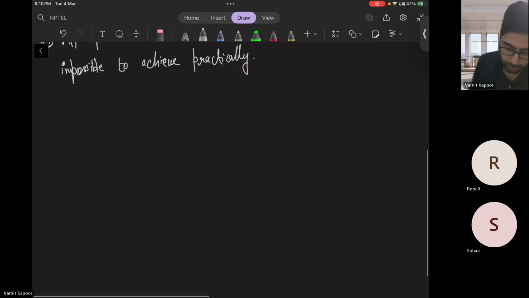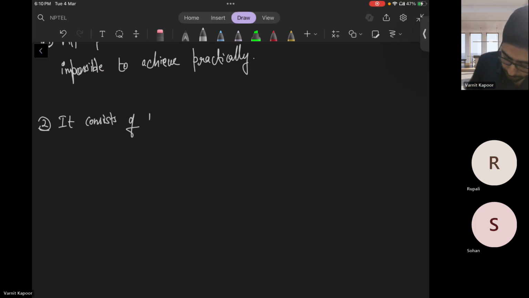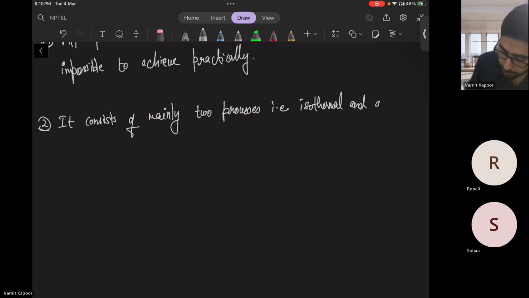Okay. Second point is it consists of mainly two processes, that is isothermal and adiabatic. Reversible adiabatic is isentropic only.